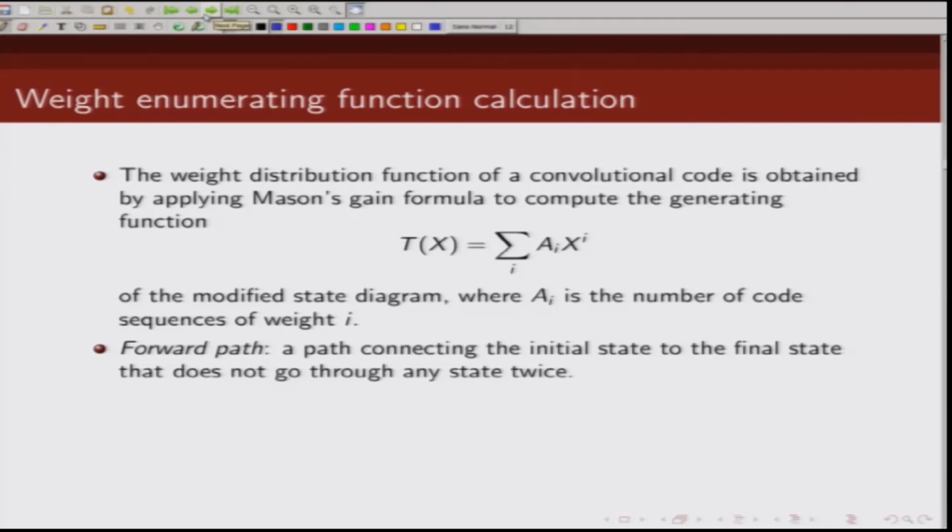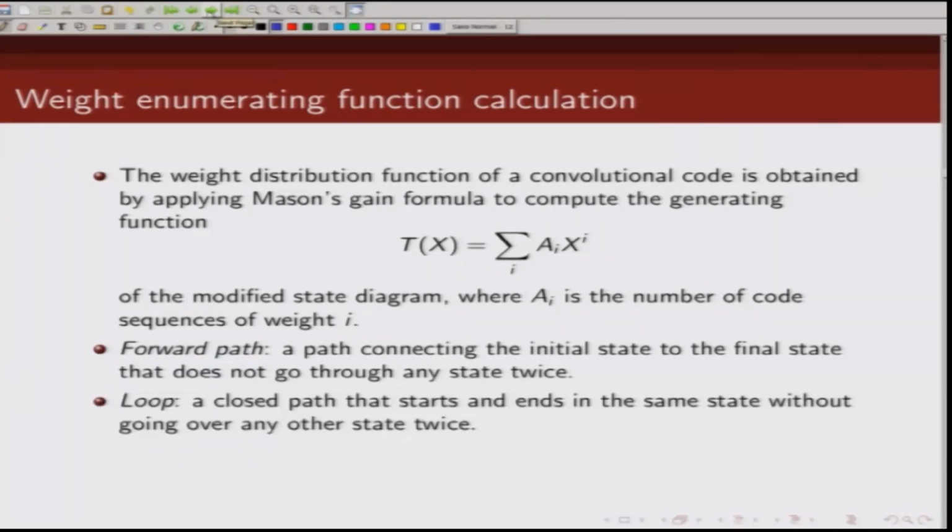The first term is the forward path. A forward path is a path from the initial all 0 state to the final state, and the condition is that this path should not go over any state twice.